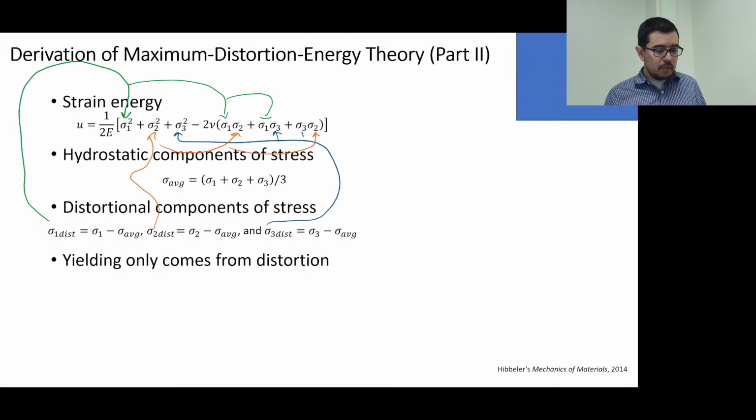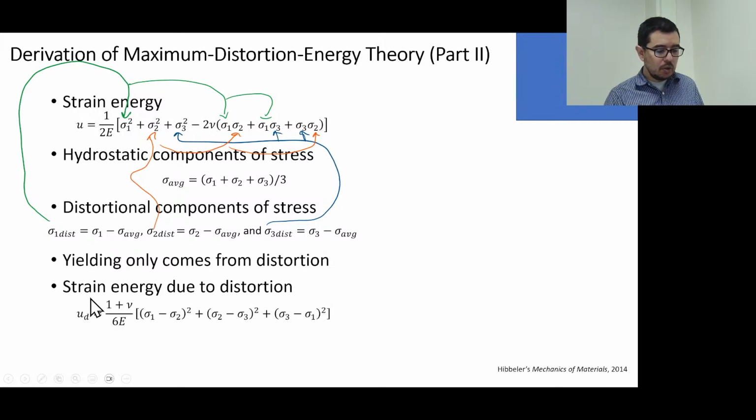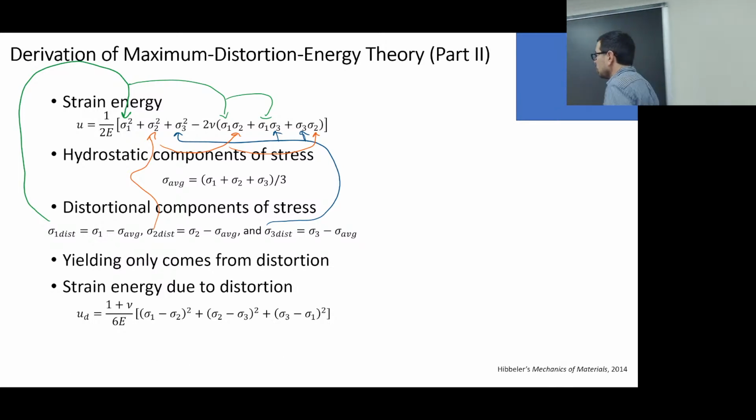And we're just putting in these distortional components. We're looking at where they fall in. So we can think of a strain energy due to distortion, essentially. And this is the strain energy due to distortion. It comes out as being this kind of complicated expression. Sure, you could write it down if you want, the distortional strain energy.